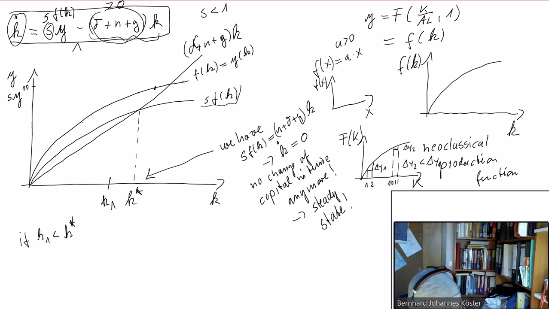Then, of course, S times f of k is larger than delta plus n plus g. So there is still a gap to increase k, to invest. So in this part, we have a force which is driving us into the steady state.